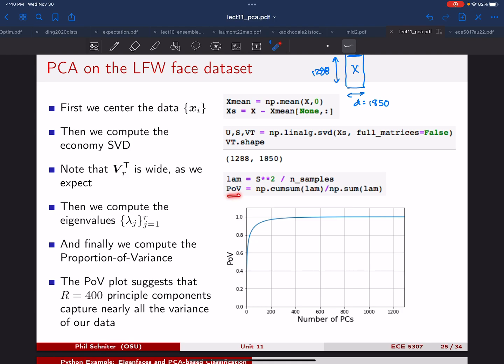To get this proportion of variance, we do numpy cumsum lambda on the top over numpy sum lambda on the bottom. And this gives us a vector, and we can plot that vector versus its index, which is the number of principal components. And we see that the proportion of variance climbs up towards 1. Remember, if it's exactly 1, that means we have a perfect approximation.